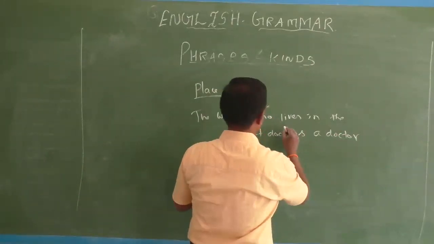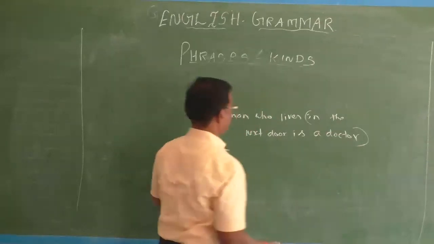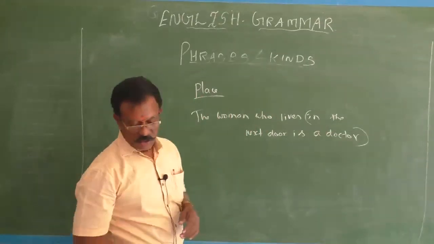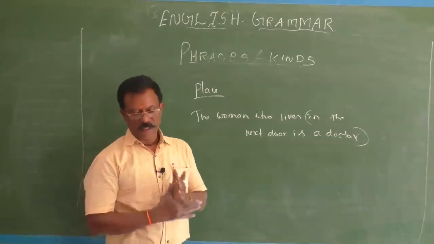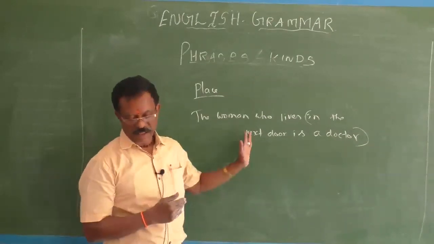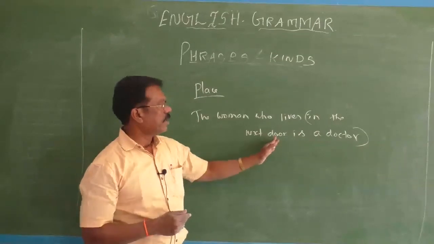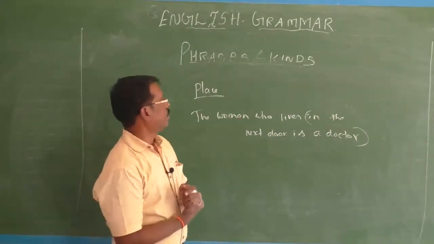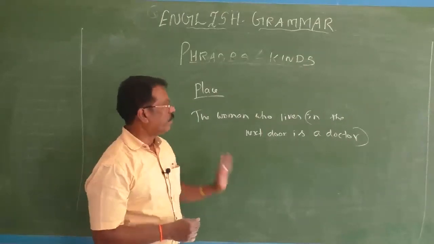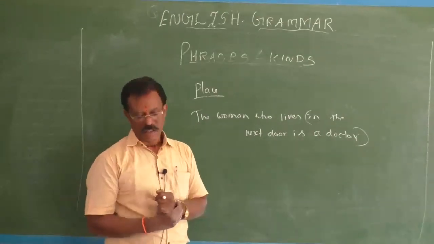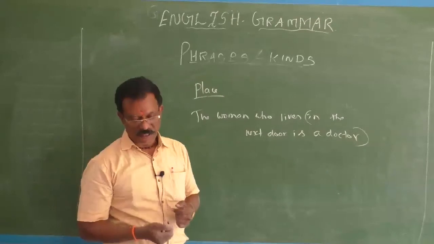See, in the next door, the woman who lives in the next door is a doctor. Adverb phrase of place, in the next door, because it gives a direction, the place. This is the house where he was born. So adverb phrase of place.